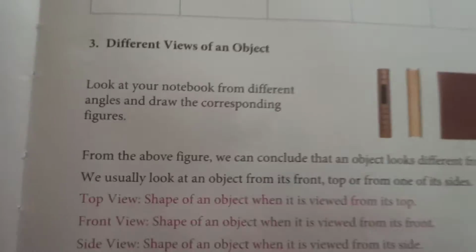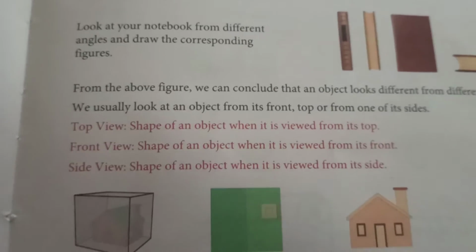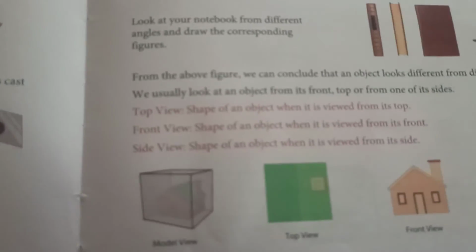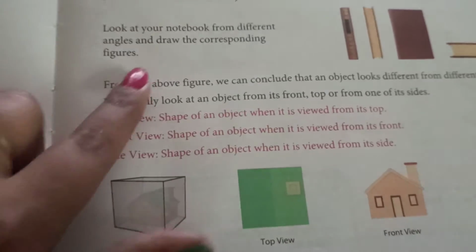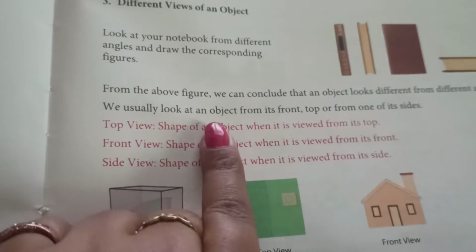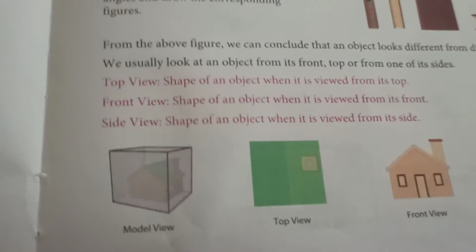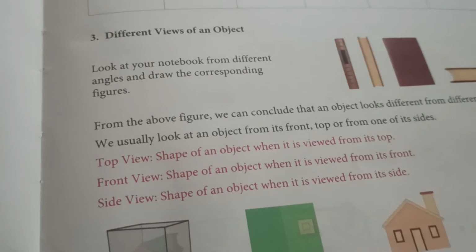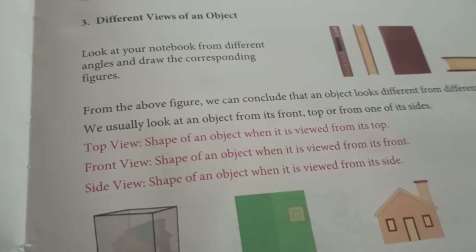Second is different views of an object. So here you can take your book and see it from the close side, open side, back and front. Top view is the shape of an object when it is viewed from its top. If you look at any book or 3D object from the top, meaning from the upper part, then it is known as top view.